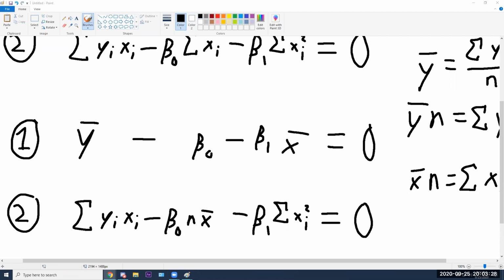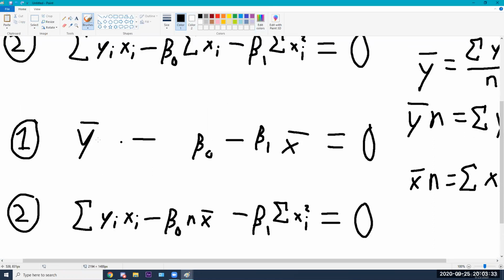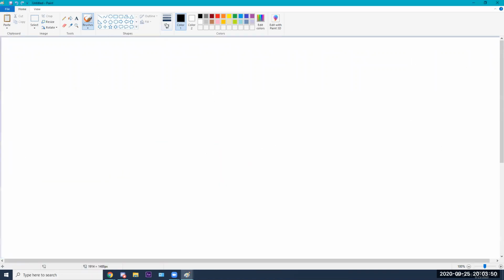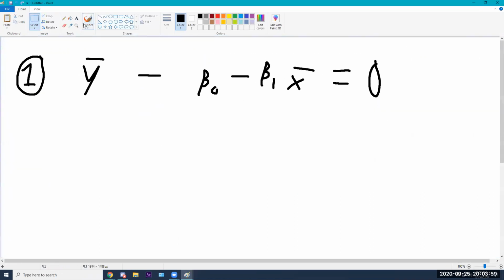So what are these useful for? Well, if you notice now for the top equation, number 1, we have an expression in terms of y bar, beta naught, beta 1, and x bar. So let's rewrite it in terms of beta naught. Let me open up a new paint here. All right, let me copy this over. We're just going to do simple algebraic manipulations here.